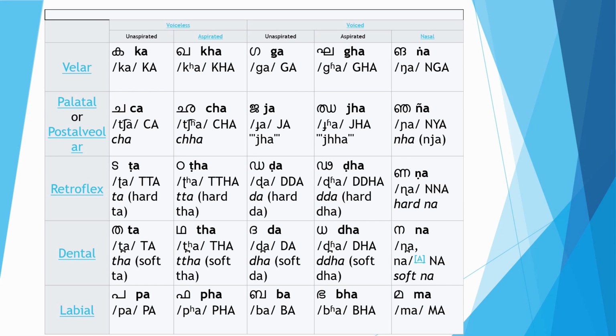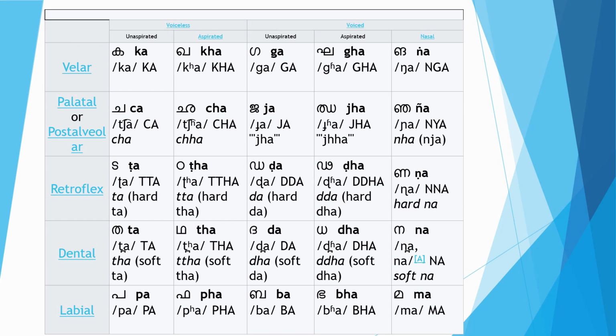The first one is ta, tha, da, dha, na. Whenever we reach the aspirated consonants, there is breath involved, so always keep that in mind. It is ta, tha, da, dha, na.